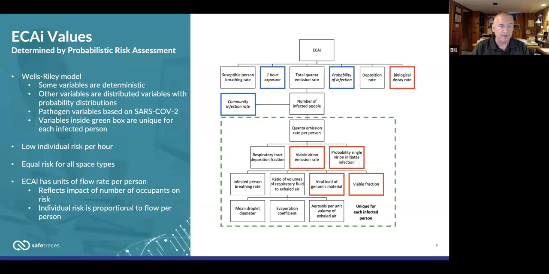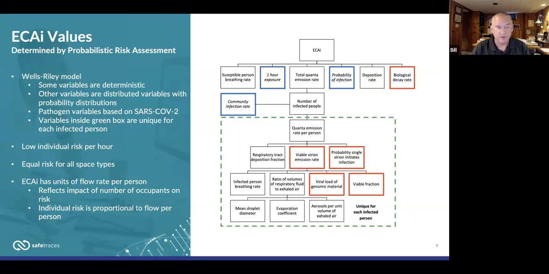The goal was a very low individual risk level per hour, and for every space type that's in the standard currently, equal risk for all of them. And the units of ECAi are flow rate of equivalent clean air per person. Why do we do it that way?